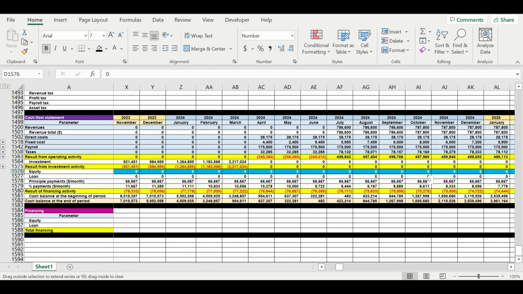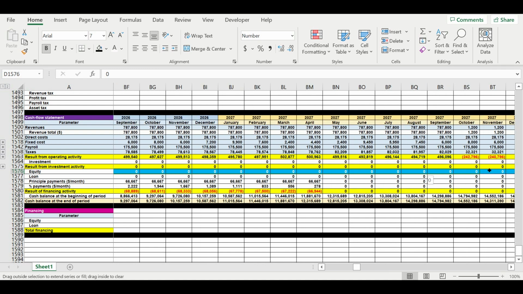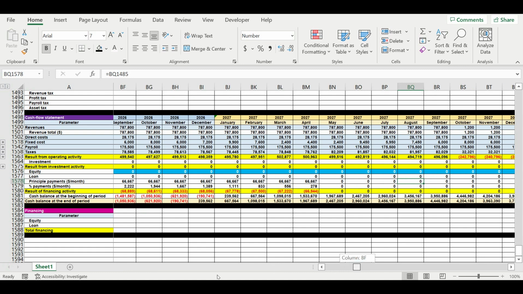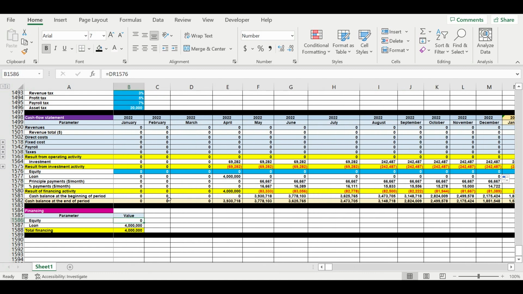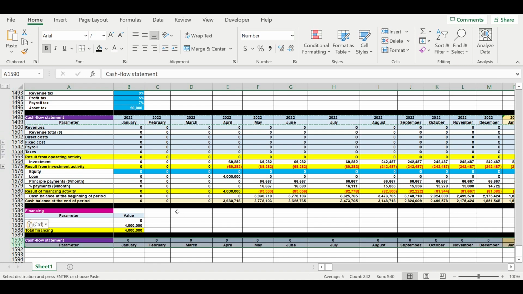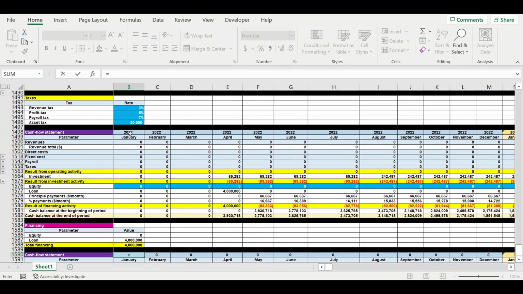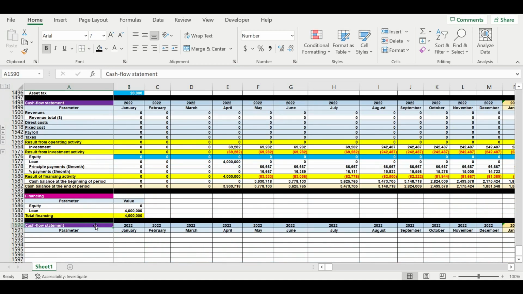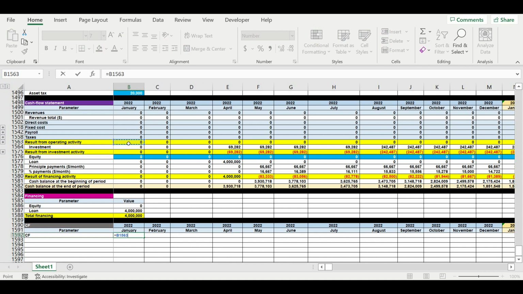So let's just make zeros everywhere here. We don't have equity. Let me show you the way how we can automate the calculation of equity and total financing that we need. So what I will do, I will take the operating activity result, plus investment activity, plus loan, minus this.